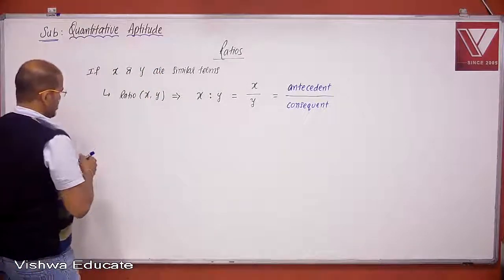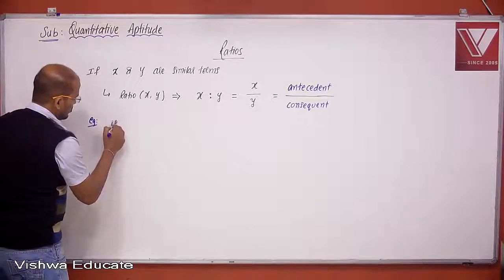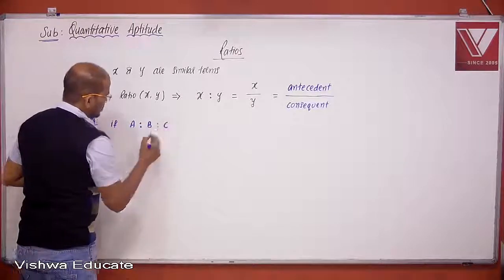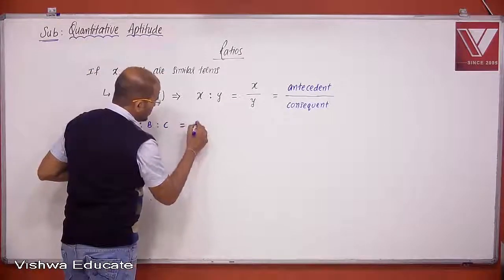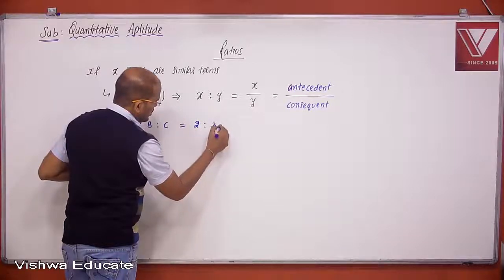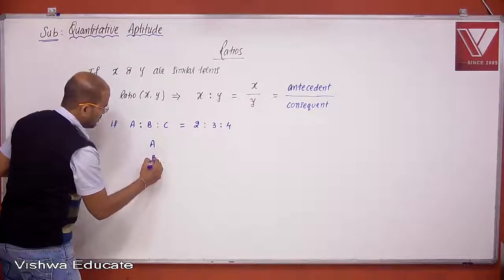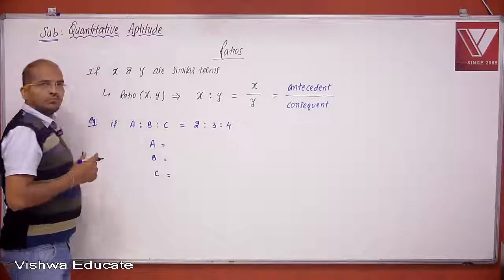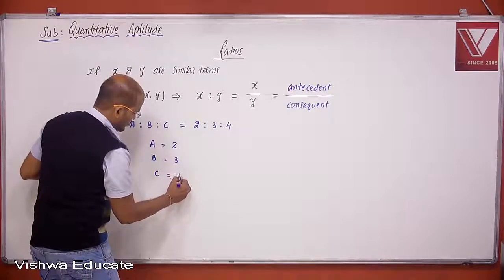Now, based on this, take an example. If A is to B is to C is the same as 2 is to 3 is to 4, the values of A, B, C would be, of course, 2, 3, 4.